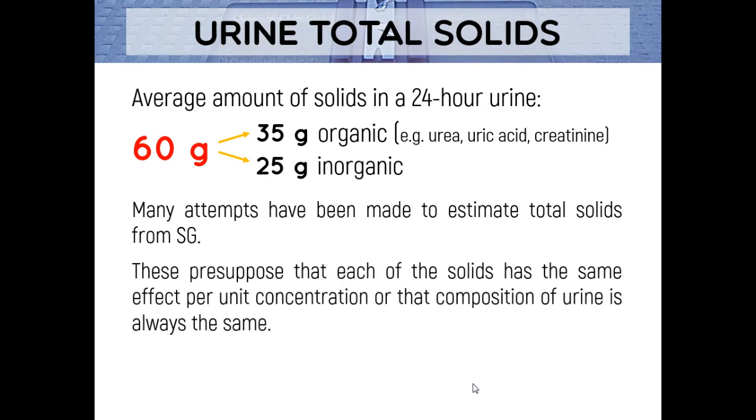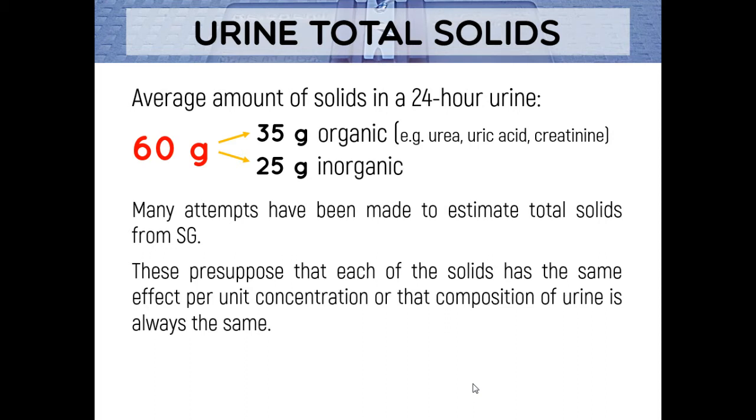These attempts presupposed that each of the solids has the same effect. They were wondering whether the solids have the same effect at different concentrations of urine, or whether the solids are affected by the concentration of the urine, or whether the composition of urine is always the same.